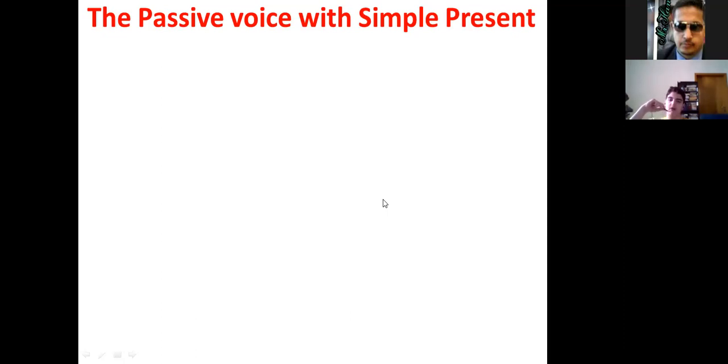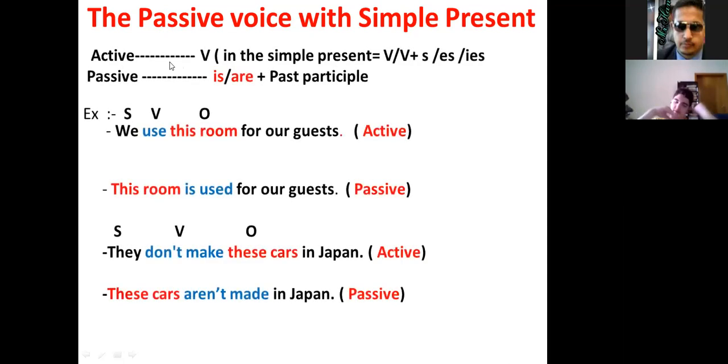I will add is or are, plus the past participle form. Yes, well done, Malik. The active form of the present simple, as we know, is verb plus s or es, or the verb in the simple form. When we change it to the passive voice, we use is or are plus past participle.